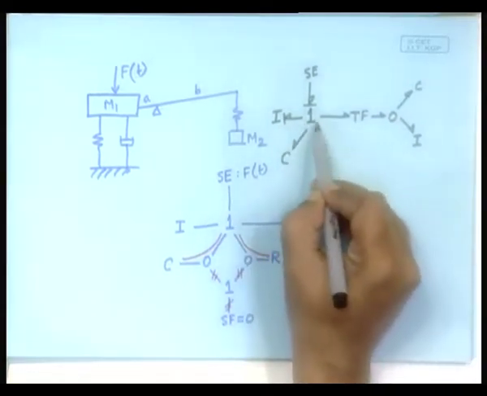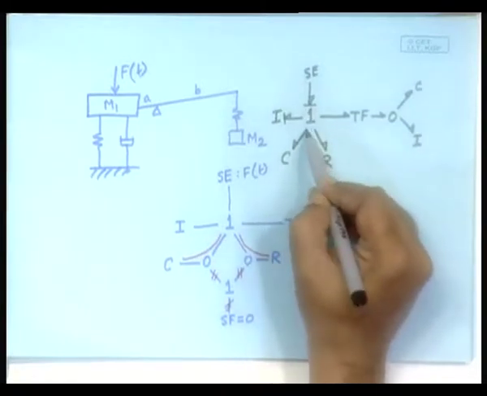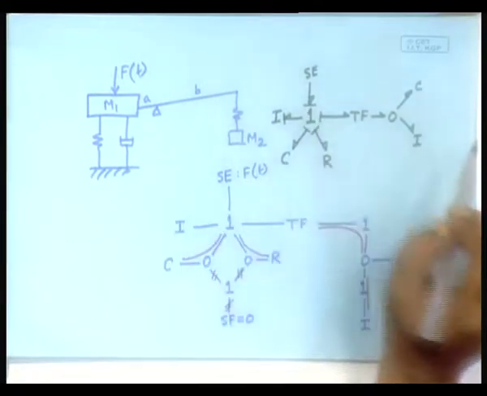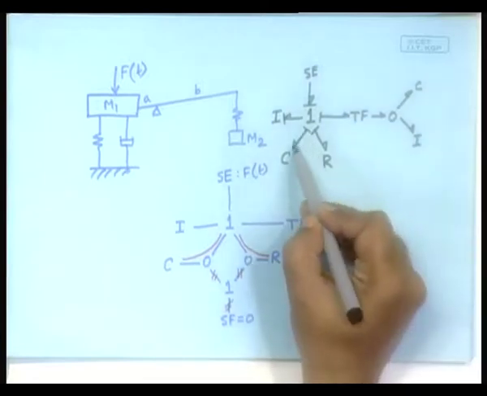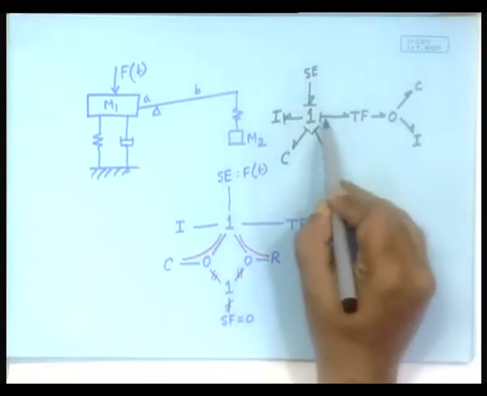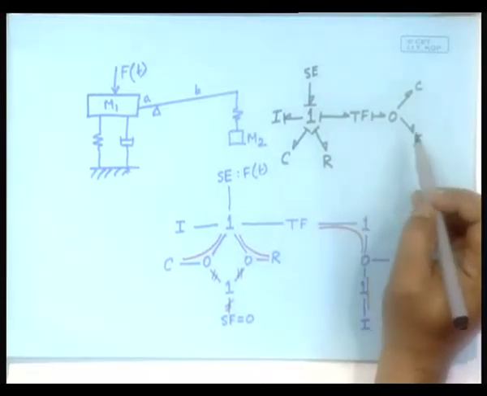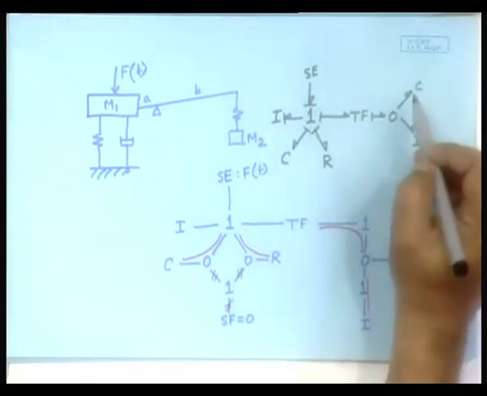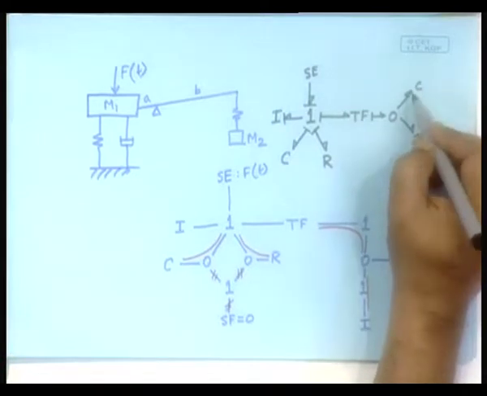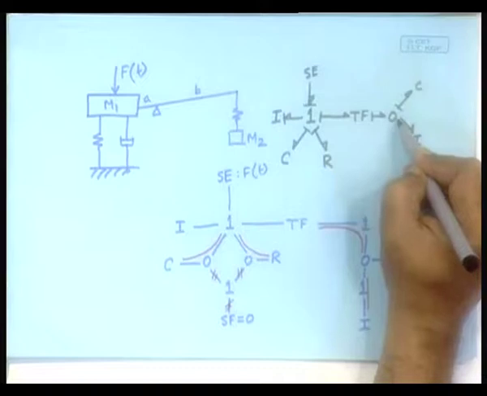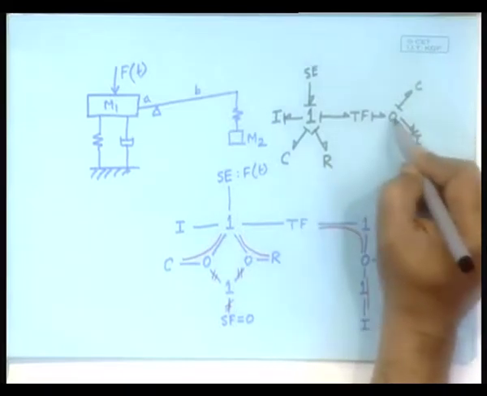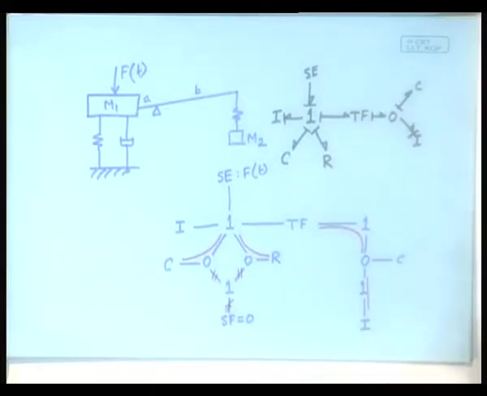The moment you give flow information into the 1 junction, all the others must take it away. So, the C element is properly causal, TF will take it the other side, 0. So, let us start with the C element. C element will have this causality, it is bringing in the effort information, naturally it has to give the flow information, effort information to the other things. So, it is done. Okay? Good.